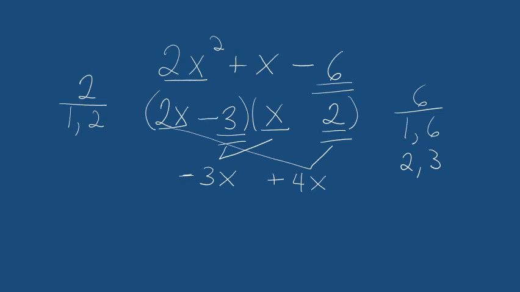So I would need the 3 to be negative, and in front of this 2, I'm going to need a positive. And you notice that the negative 3 and the positive 2 does give me the negative 6 that I need. So I found it. That's it. This is the factored form of 2x squared plus x minus 6.